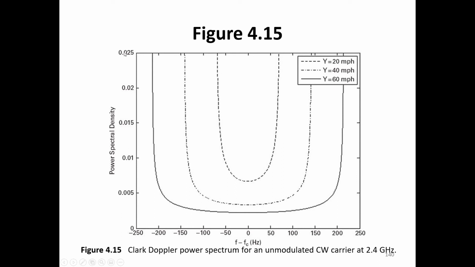Here are 3 curves. The dashed line denotes V equal to 20 miles per hour, where the capital V is the velocity.